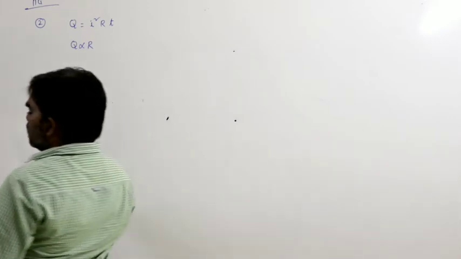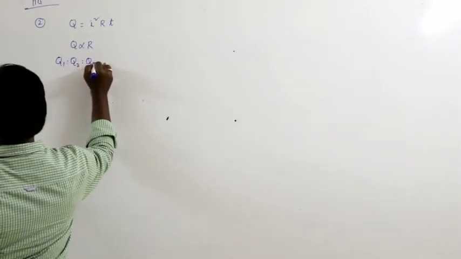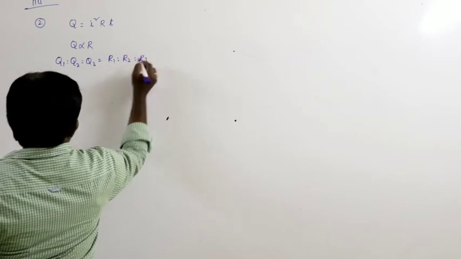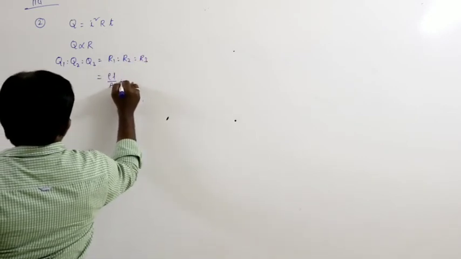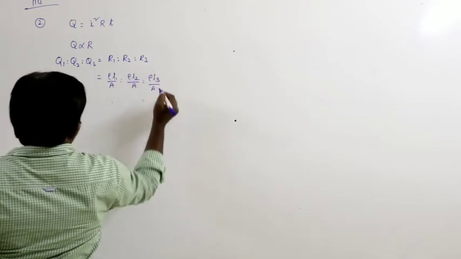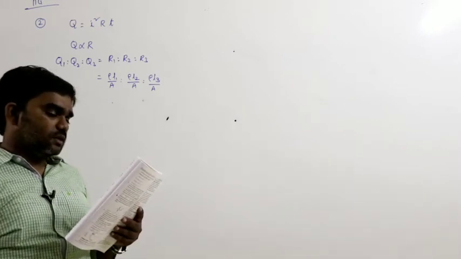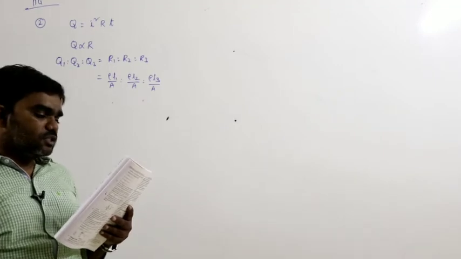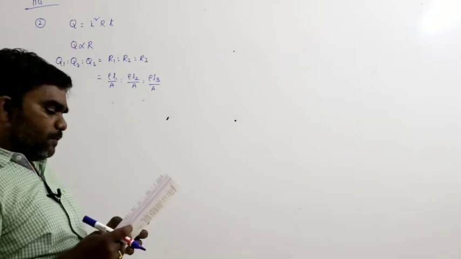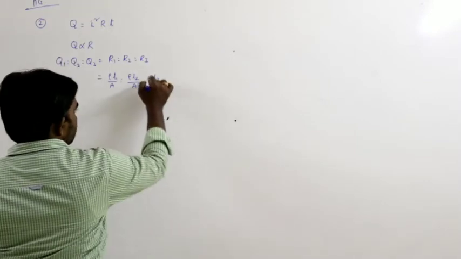So Q1 is to Q2 is to Q3 is equal to R1 is to R2 is to R3, that is rho L1 by A is to rho L2 by A is to rho L3 by A. In series combination the area of cross section remains constant, and all are made of the same material, so rho by A cancels.